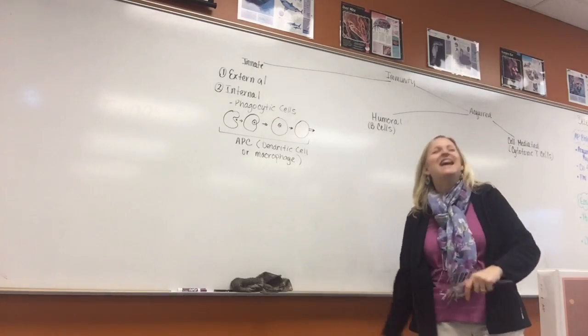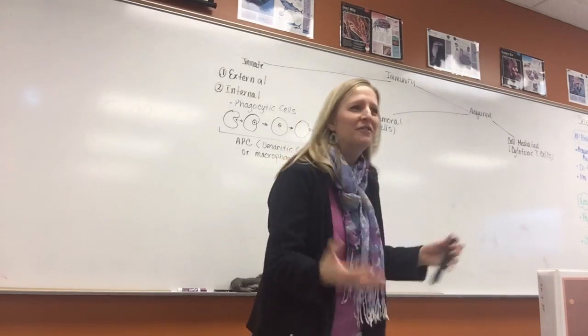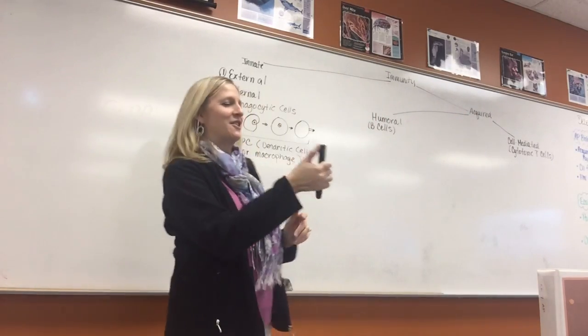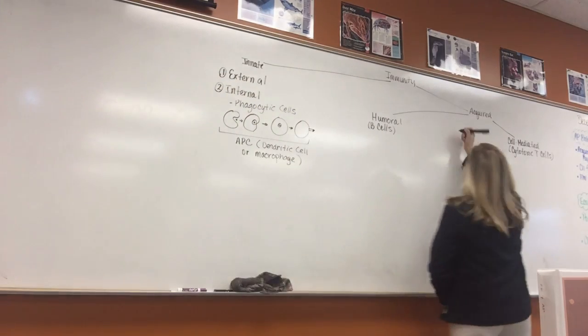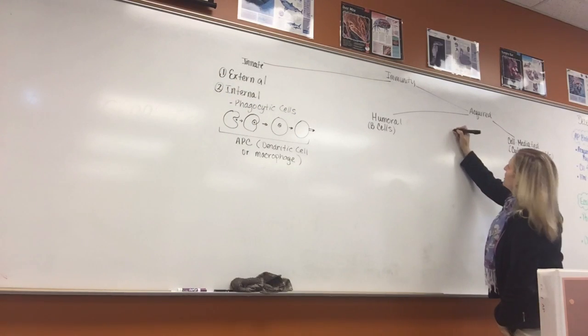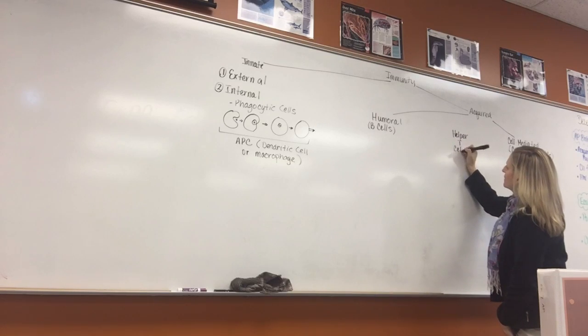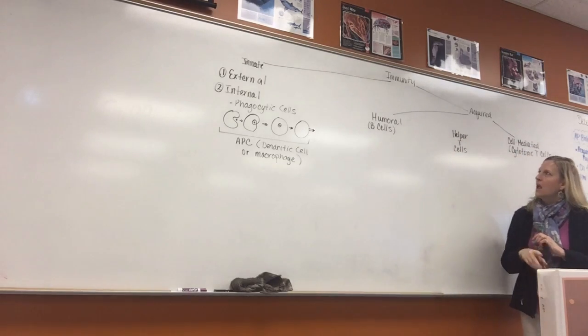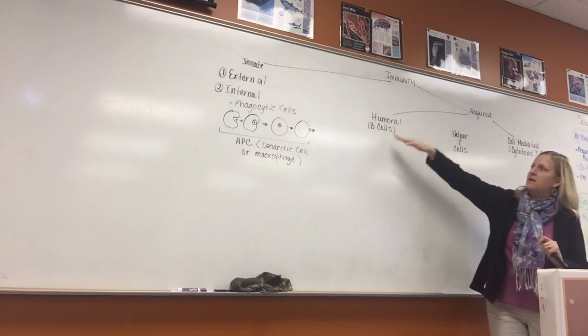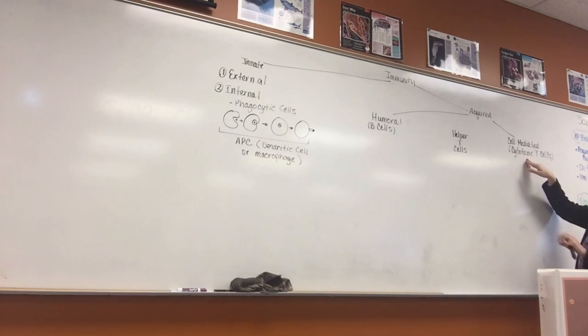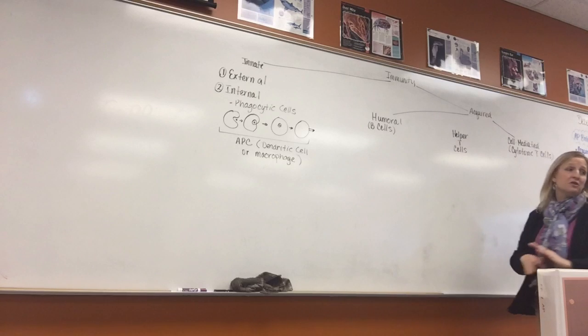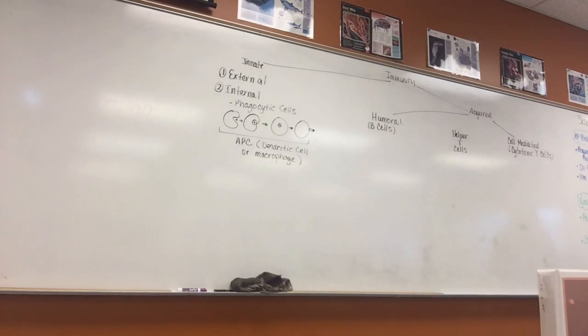That's my clue. They're helper T cells. All right, so helper T cells are in the center here. So I'm going to put here. And they're going to help stimulate B cells and stimulate cytotoxic T cells so that they can do their jobs in fighting off an infection.